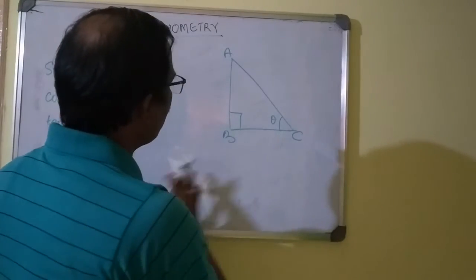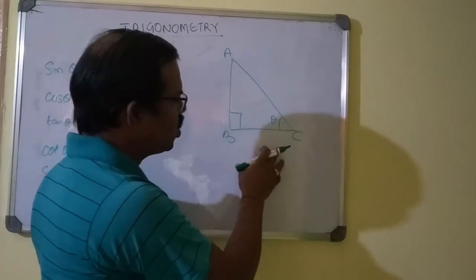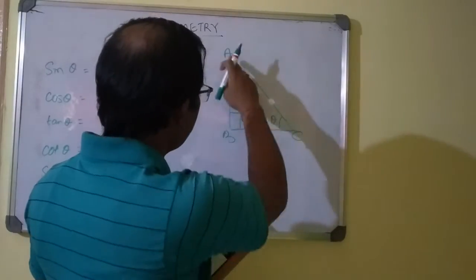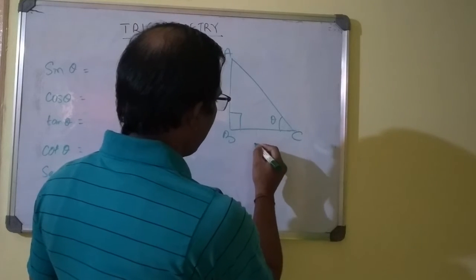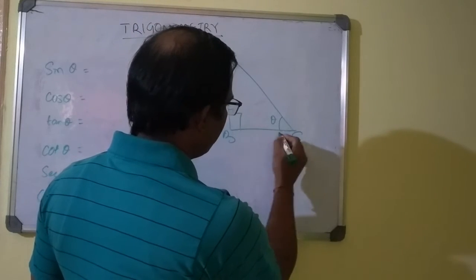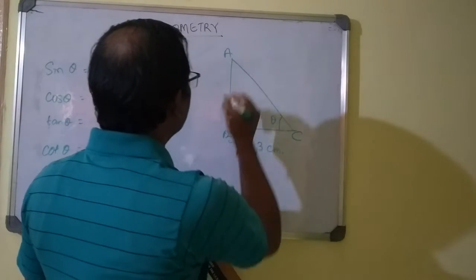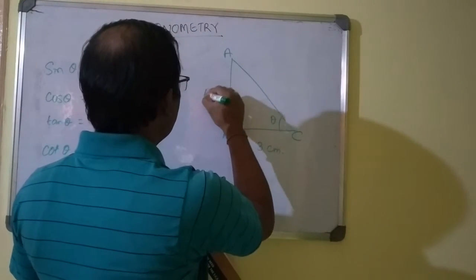If I have to figure it out, I should be in a position to know the different measurements of the sides. For example, in triangle ABC, I have BC, or the base, equal to 3 centimeter, AB, or the perpendicular, is 4 centimeter.